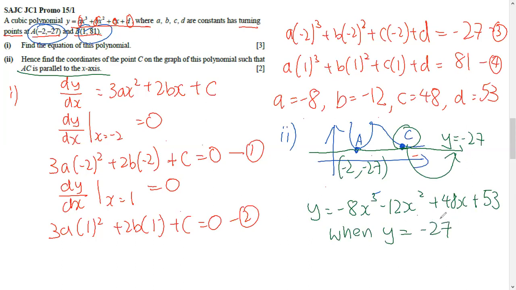So sub it in, use your GC to solve it. Can use your cubic solver, same thing, PRYSM LT2 to solve it. All right, and from the GC, we can get x equals 2.5 or x equals -2. So of course, this is your solution because this itself is already point A.